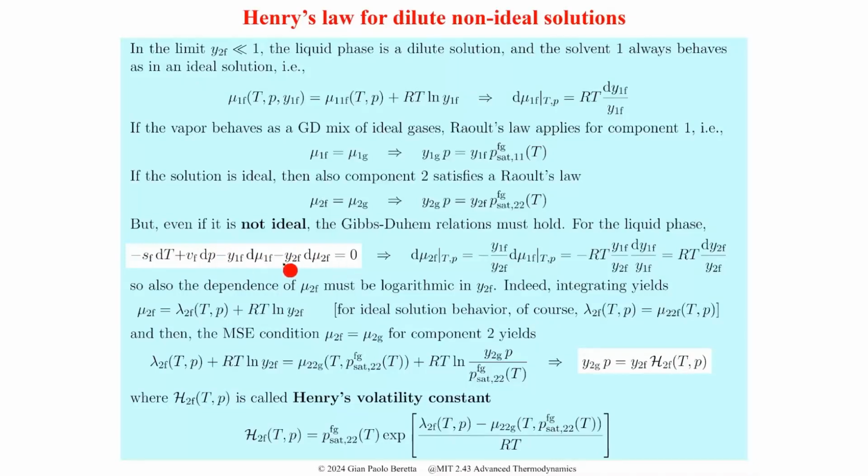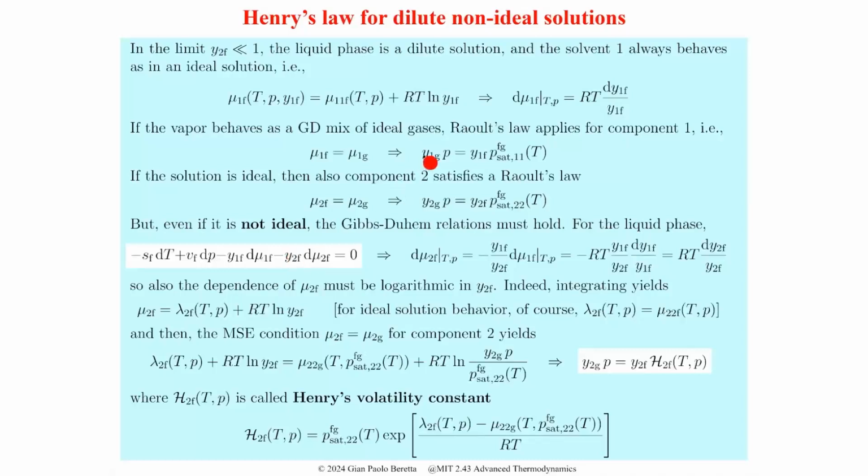Then this gives a relation between how the chemical potential of the second substance, the solute in the dilute solution, changes as you have changes in the chemical potential of the solvent. So they are not independent.